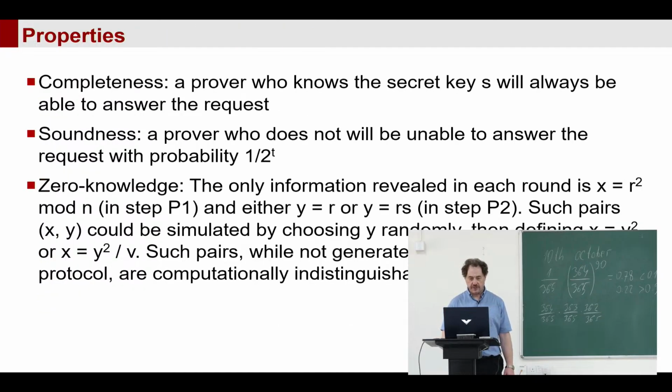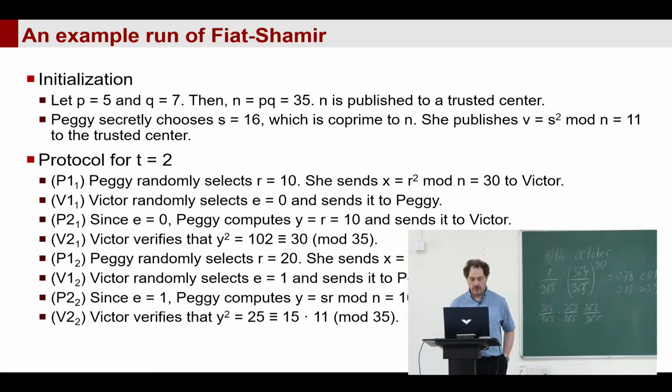So the properties. Completeness: a prover who knows the secret key will always be able to answer the request correctly. As usual, in one iteration, a prover who doesn't know the secret number would only be able to satisfy the request from the verifier if e is equal to 0.